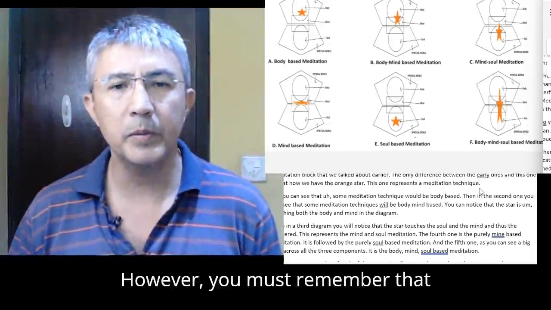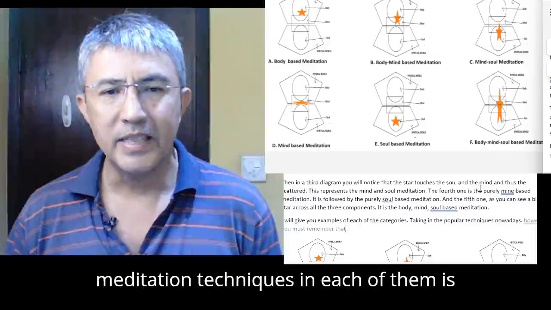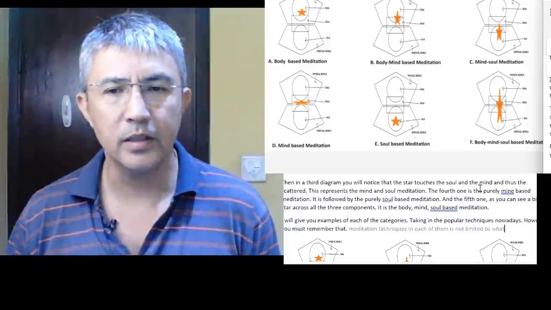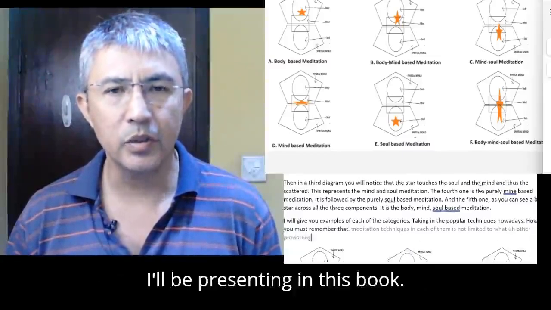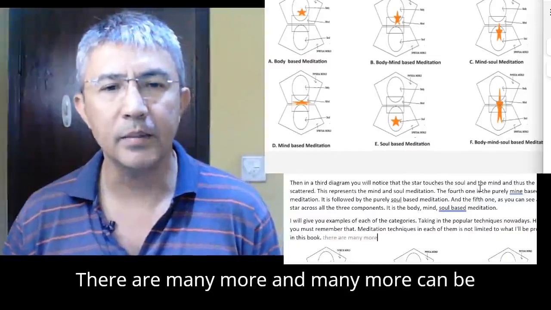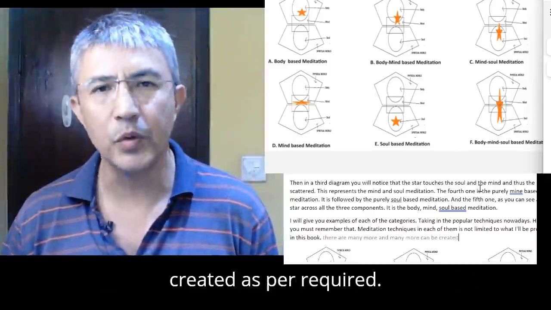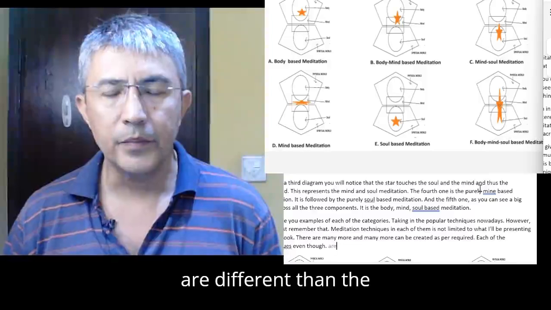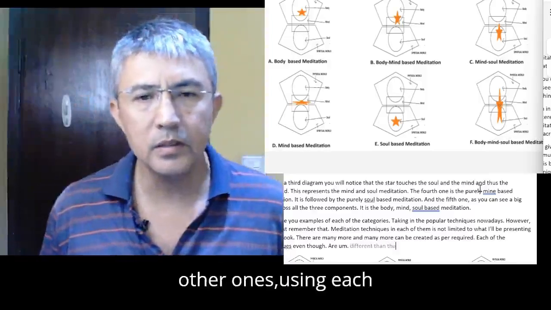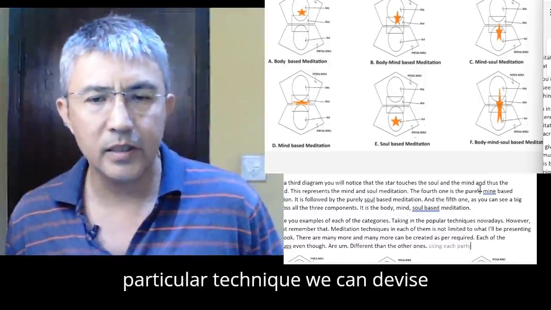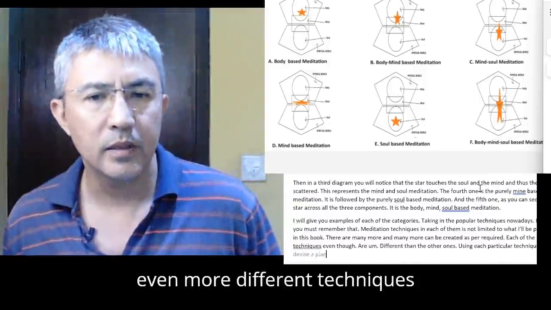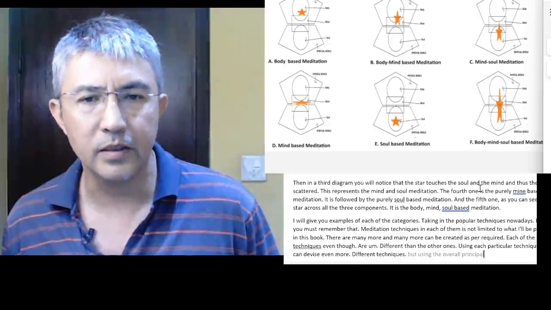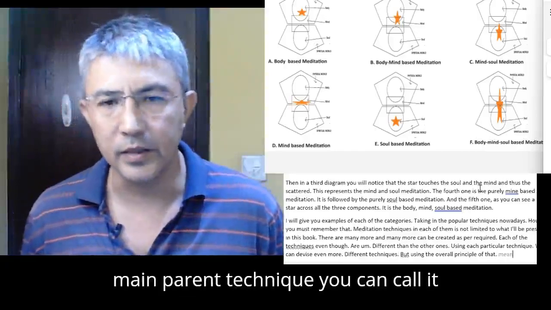However, you must remember that meditation techniques in each of them is not limited to what I'll be presenting in this book. There are many more, and many more can be created as per required. Each of the techniques, even though different from the other ones, can be used to devise even more different techniques, using the overall principle of that main parent technique, you can call it.